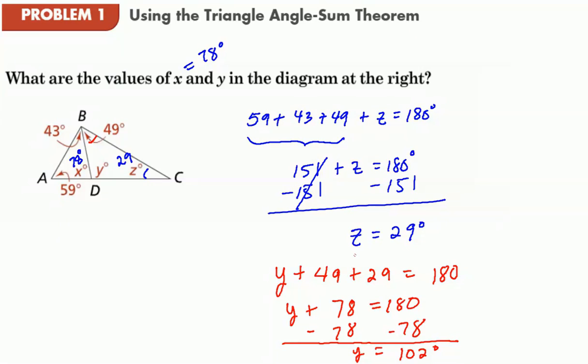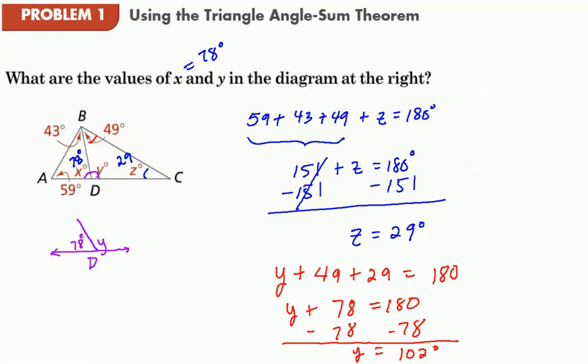I'm going to show you a faster way. So if I look at angles x and y, they're in a straight line. So let me go ahead and highlight that. So here's point D, and this angle x is 78 degrees, and here's our y. Those two are a linear pair, which means that these two angles add up to 180.